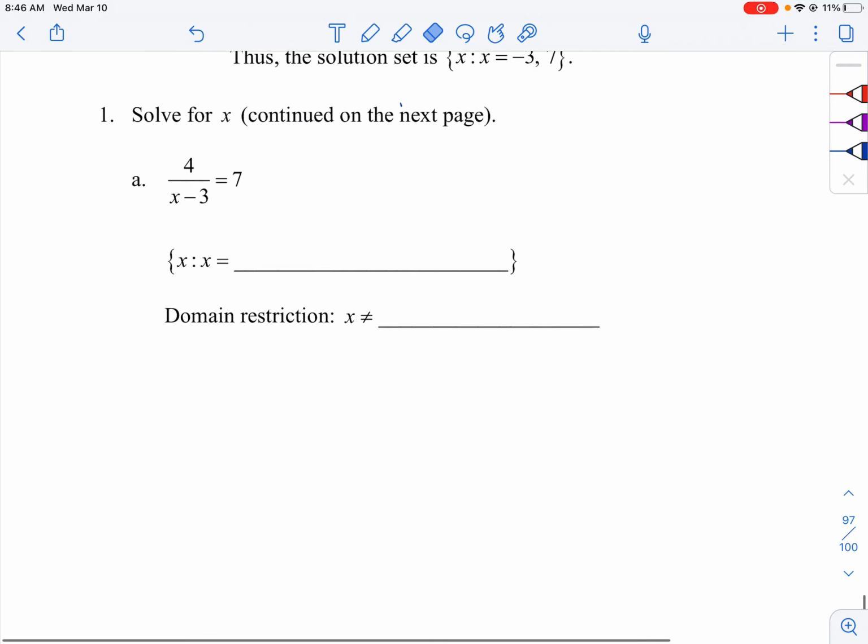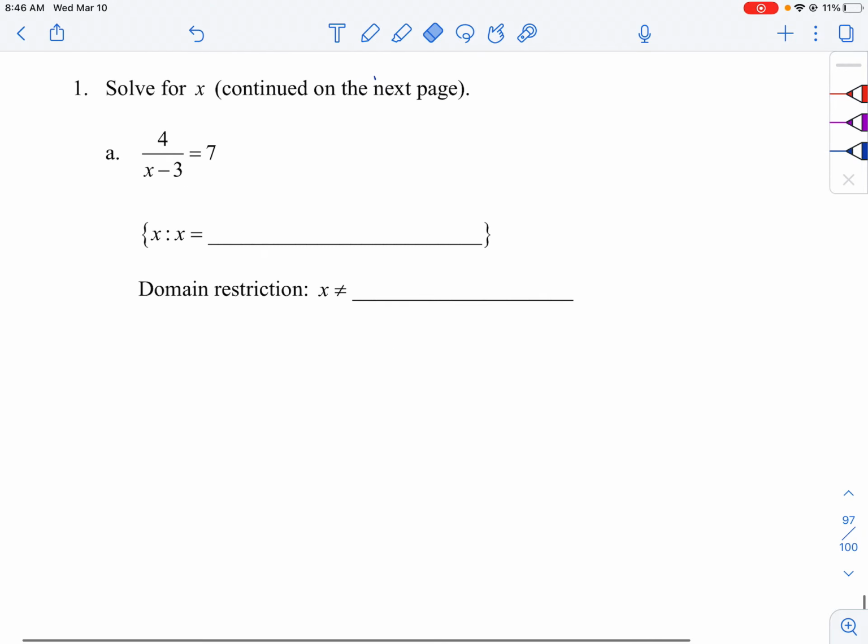Let's start with our first example here. We are going to solve for x in our rational equation 4 over x minus 3 equals 7. In order for it to be the same, I would like to make sure the 7 also has a denominator, just like when we did adding and subtracting rational expressions.